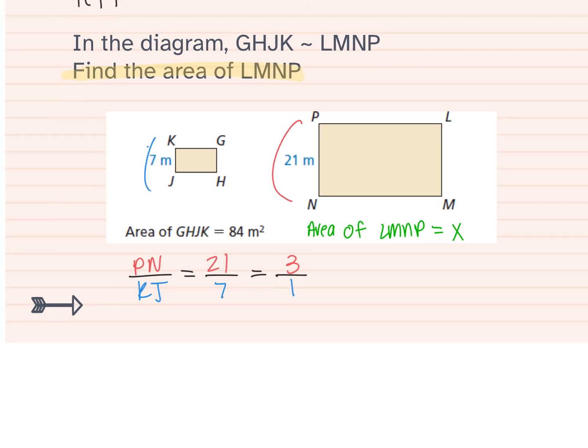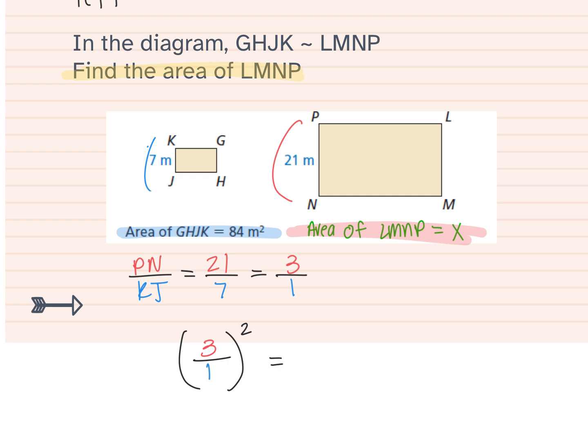Now I'm going to take that 3 over 1 and square it, and I'm setting it equal to the ratio of my areas. Which area are they giving me, the area of my red side or my blue side? They're giving me the area of my blue side.